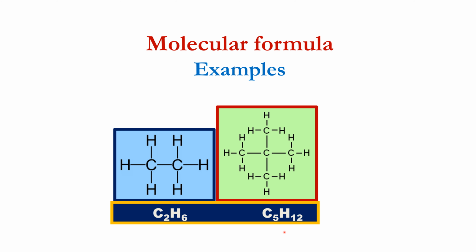So this is the molecular formula for this compound. It tells us there are 5 carbon atoms and there are 12 hydrogen atoms. So molecular formula always tells us how many atoms of each element are in a compound.